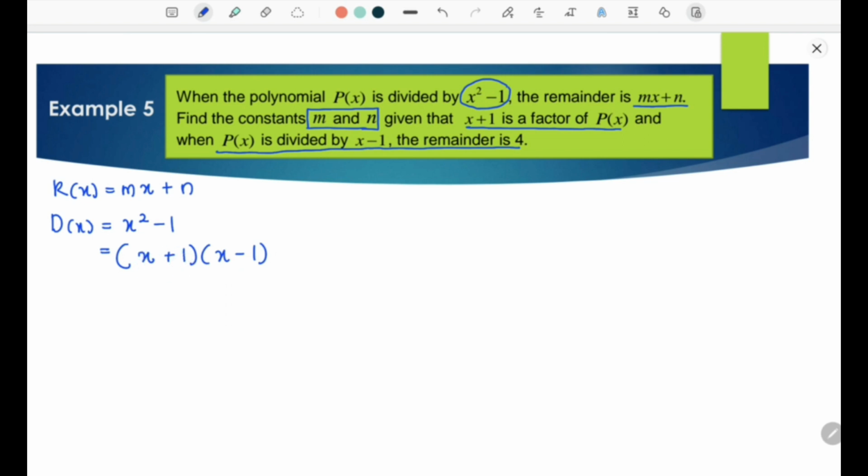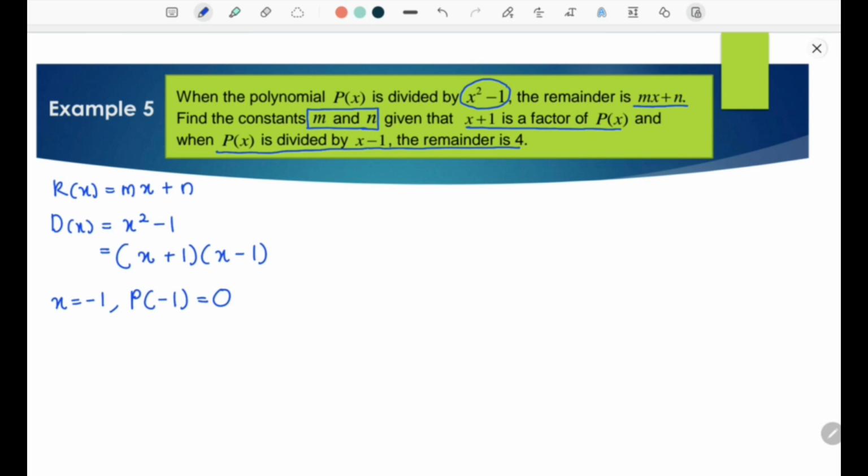For x plus 1, we are going to refer to this information, which is x plus 1 is a factor of p(x). When x plus 1 is a factor of p(x), the remainder will be 0. From x plus 1 here, we can write x equal to negative 1. So when x equal to negative 1, p(-1) equal to 0, since x plus 1 is a factor of p(x).